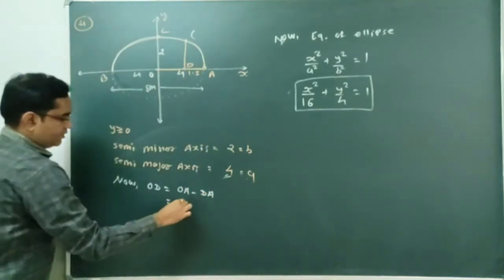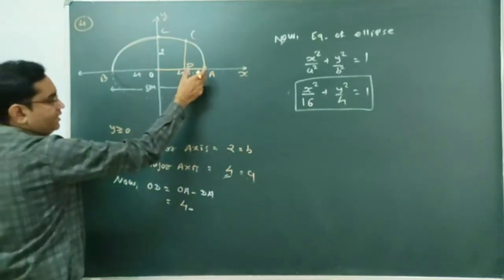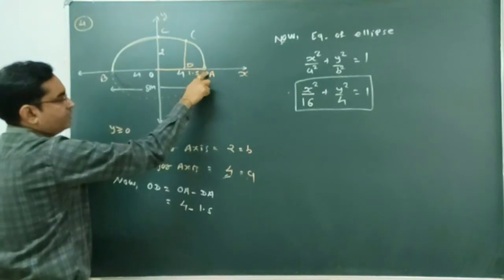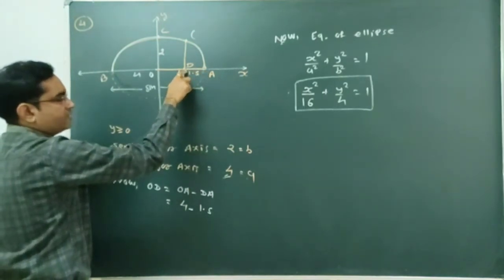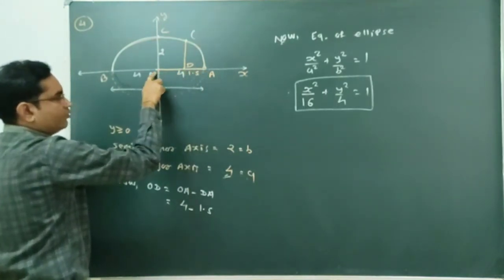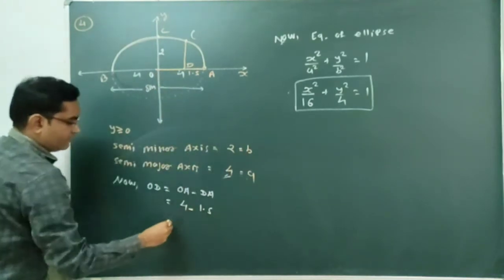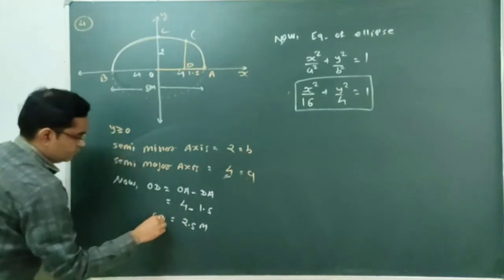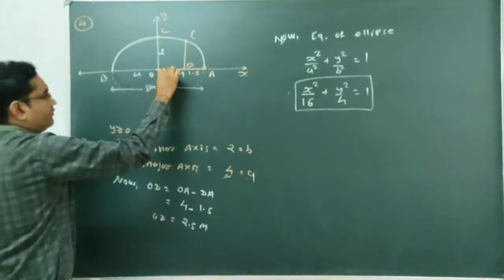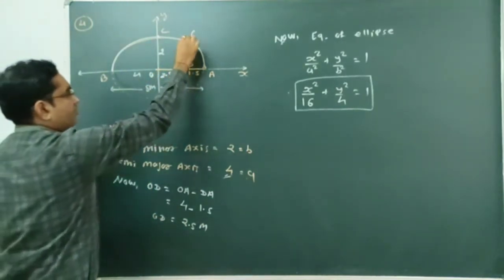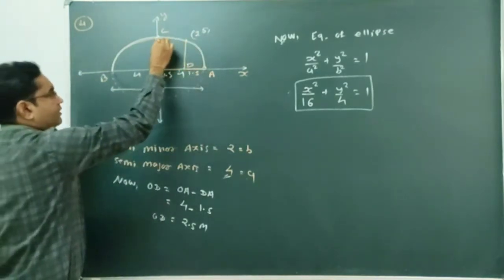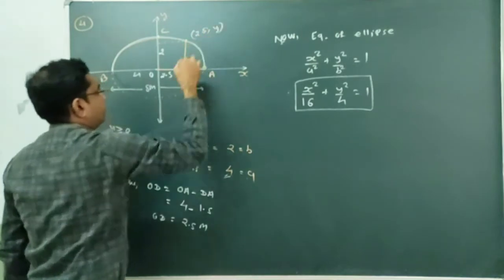Total distance is 4 meter minus the distance from the end, 1.5 meter. So the distance of point D from the origin will be 4 minus 1.5, which is equal to 2.5 meter. So the x coordinate of this point will be 2.5 and this will be the y coordinate, that is the height of the arc that we have to find.